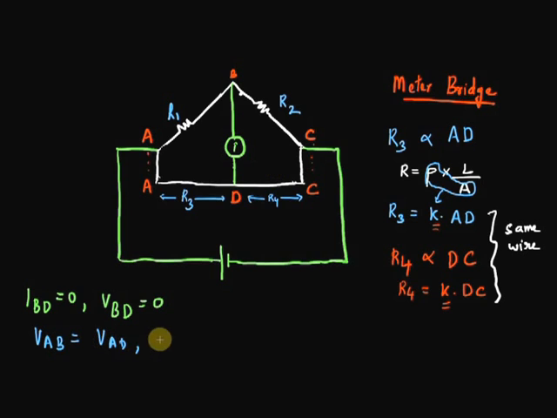And the potential drop along BC will be equal to the drop along DC. So if you do the calculations we did before, we'll end up with the same balance condition formula. R1 over R2 is equal to R3 over R4.